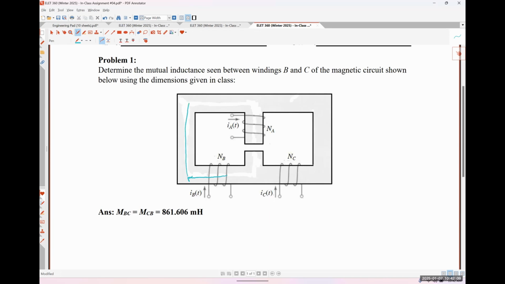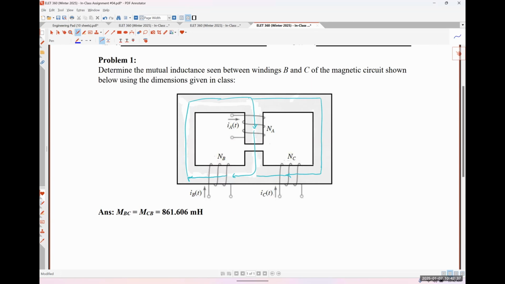Then it's going to flow up through here. Some of it's going to split off and flow down through this leg and return this way. Some of it's going to split off and flow down through coil C in this particular direction.